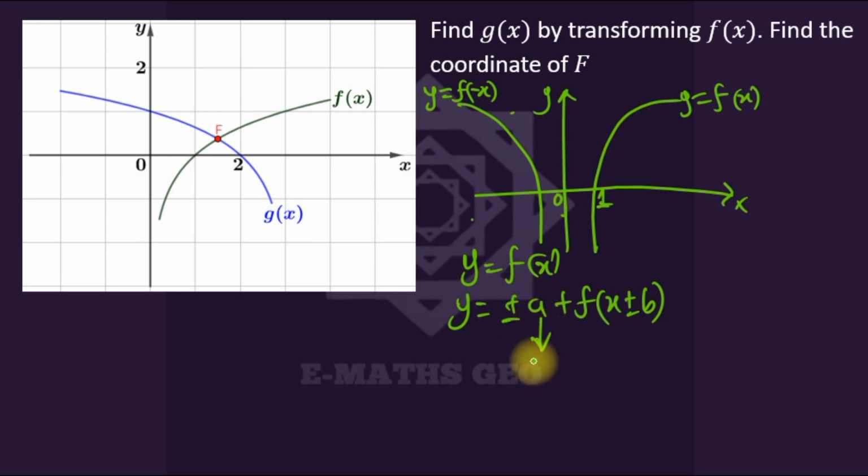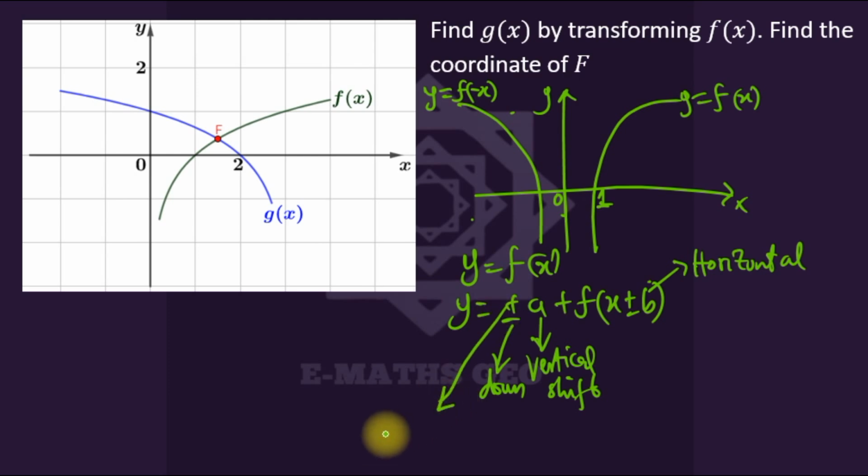So this a means vertical shift, while the b means horizontal shift. The shifting could be left or right for horizontal, or up and down for vertical. If it's negative, it's down, while if it's positive, it's up. While here, if it's positive, you move left.